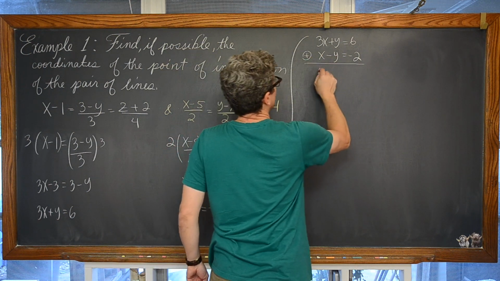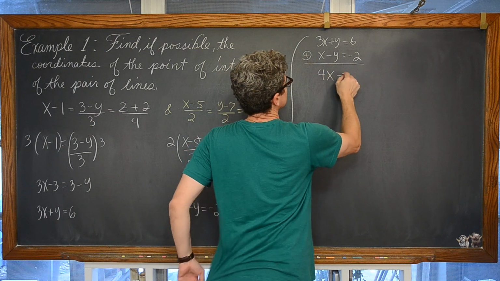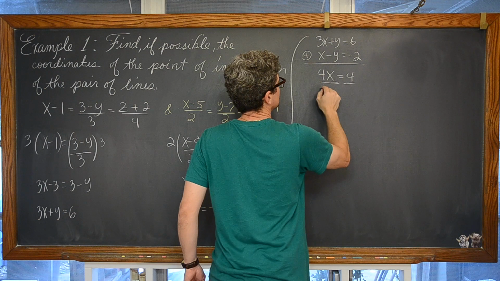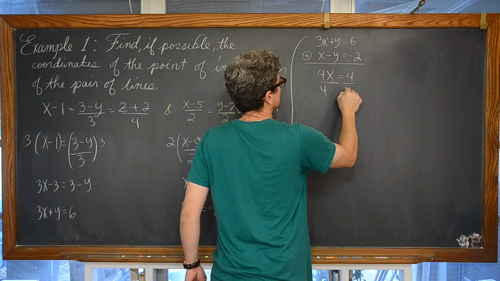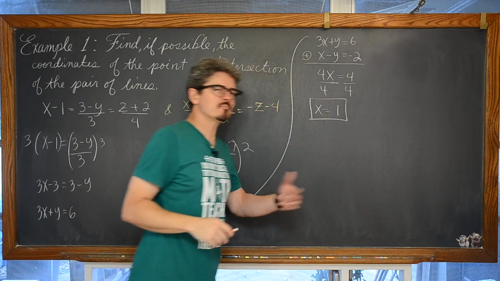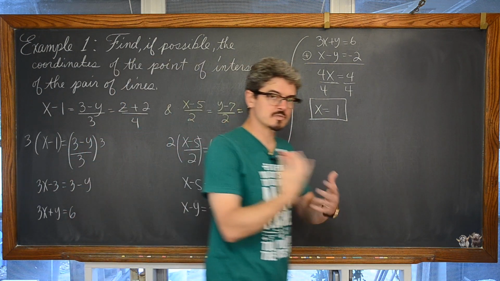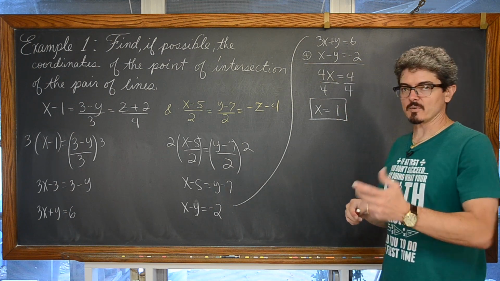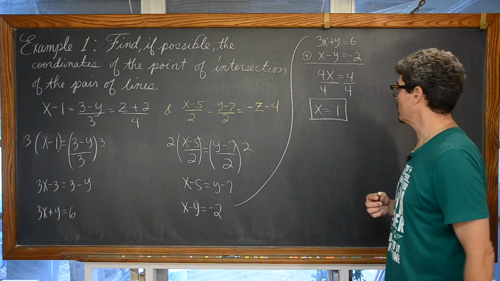Just add those up. We get 4x is equal to 4, divided by 4, and x is equal to 1, which is going a little bit quicker than it did in the first process where we found that scalar multiple in the directional vector, going through the parametric form.